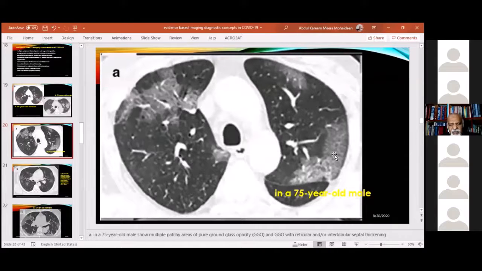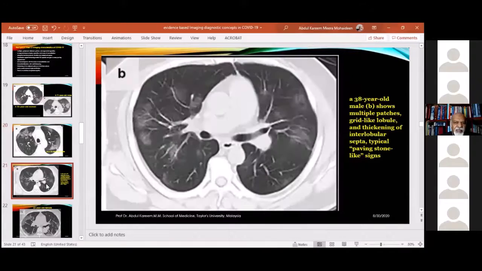So just now I was telling about segmental septal thickening and lobar septal thickening, fissural thickening, pleural thickening, all may happen because of the inflammation when it crosses from one alveolus to the other, from one segment to the other, or when it spreads from one lobe to the other. So all these findings will be obviously seen in the CT scan.